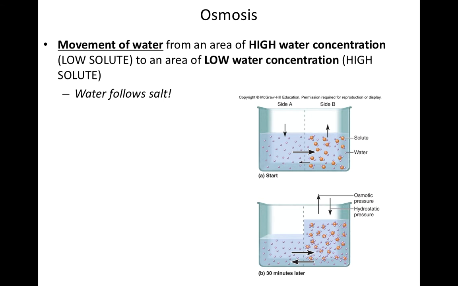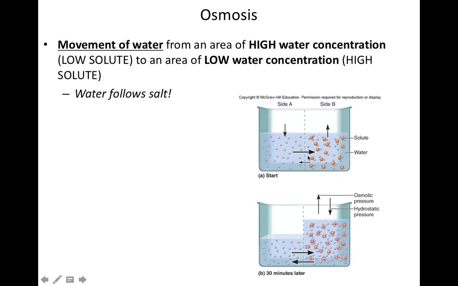Okay, so when you look at this, you want to think water follows salt. Water will always move to wherever there is more solute. Water goes in and out of cell membranes constantly. So wherever there's more solute, so here we start side A, side B. Side B has solute, side A does not.